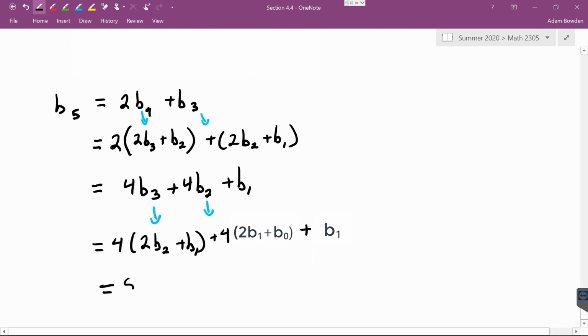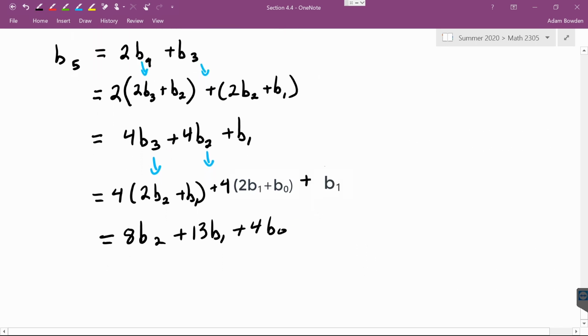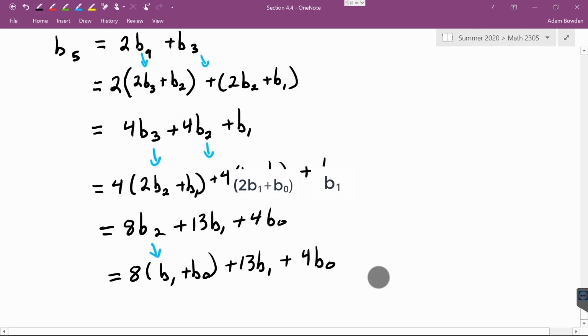Clean this up a little bit, that's 8 b sub 2 plus 13 b sub 1 plus 4 b sub 0. We need to break down b sub 2 still further, so that's going to give us 8 b sub 1 plus b sub 0, plus 13 b sub 1 plus 4 b sub 0.